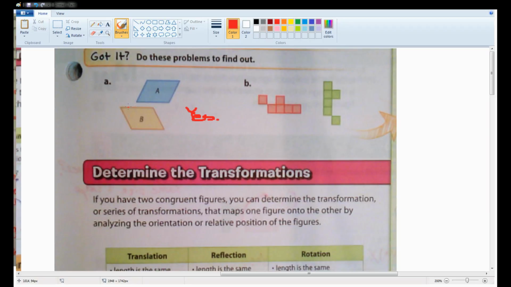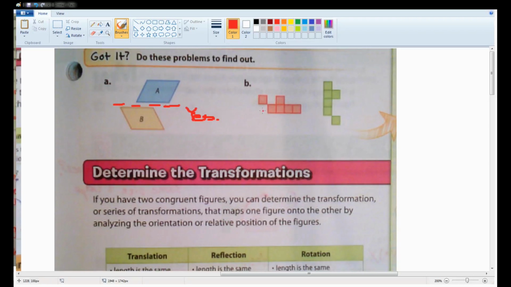Now, second question would be, what transformations will map image A to image B? There are two. Pick carefully, please. You should have picked a horizontal reflection because we're flipping over the horizon, and then a translation to the left. That would have mapped image A to image B.